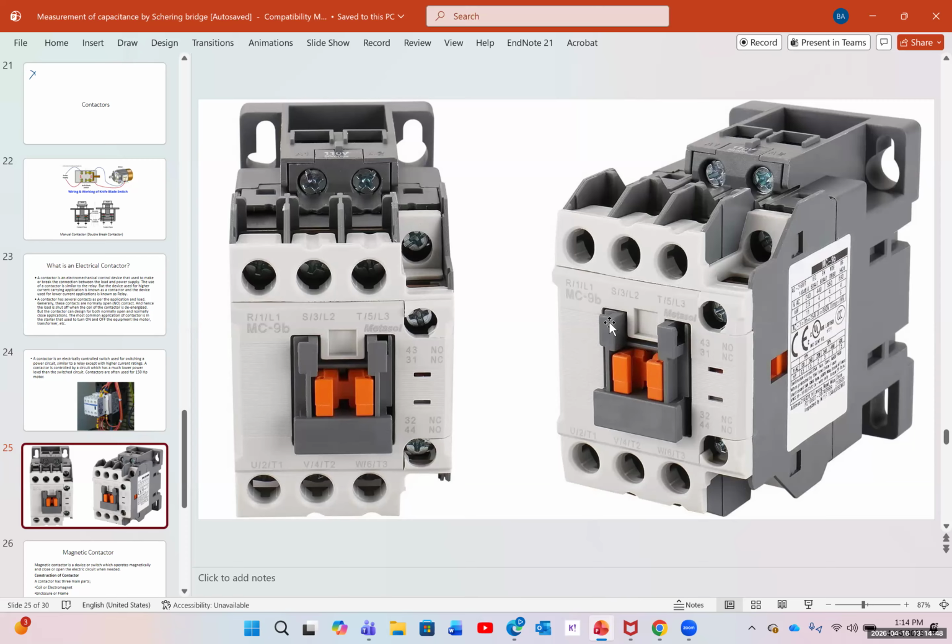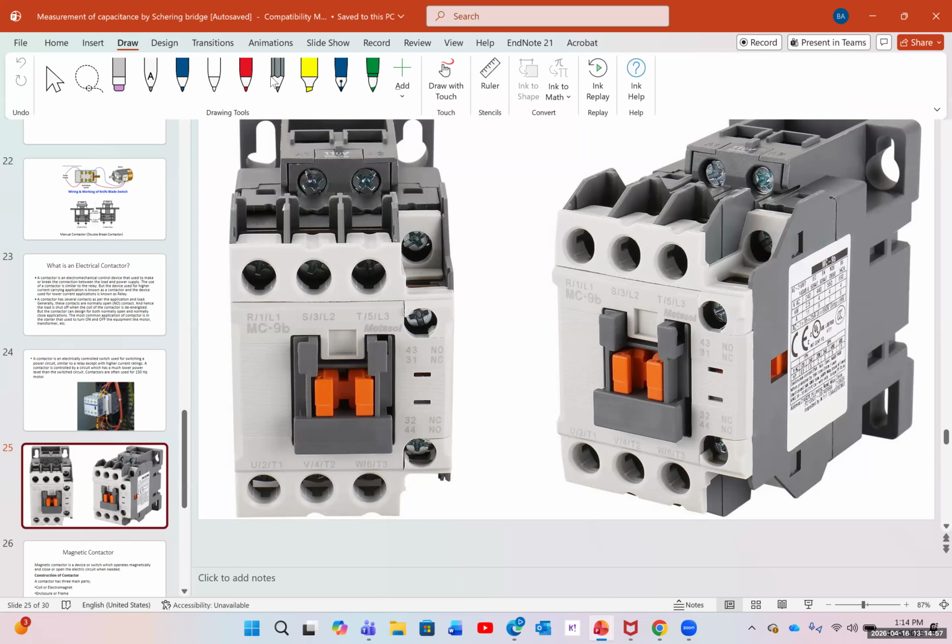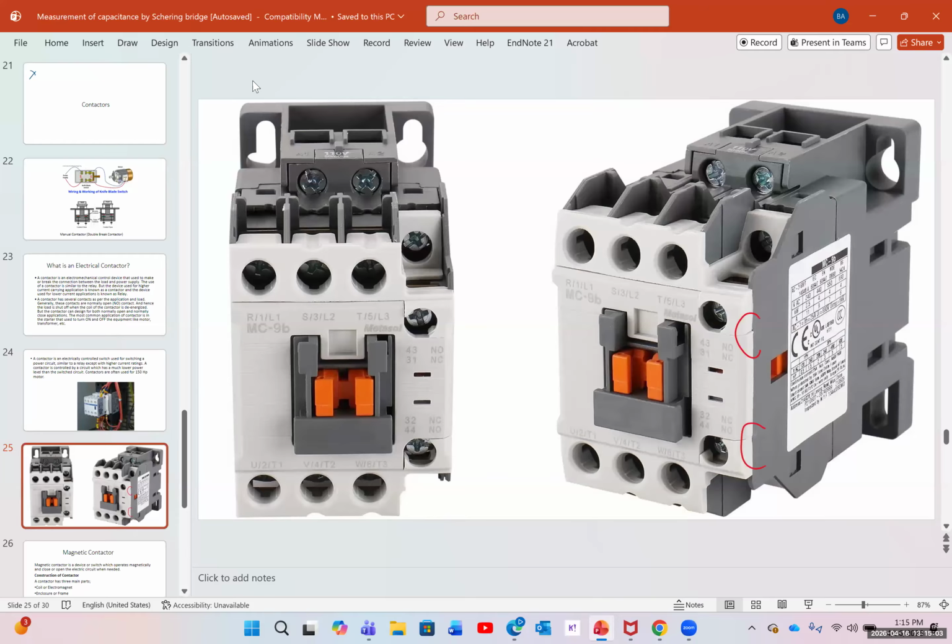This is from a different angle. The power circuit and the control circuit are completely separate. They are not connected in any way. The normal close, these are the control. I'm going to just put C. And these are the power.